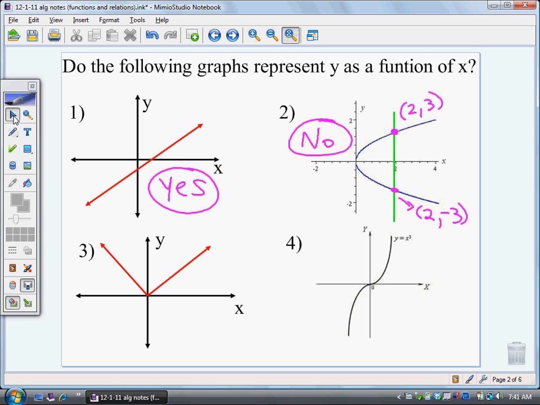And if I grab my line and bring it down here, on this one, as we go through, you can see nowhere is it going to intersect the red graph at more than one point. So this one, y is a function of x. And then example number 4.